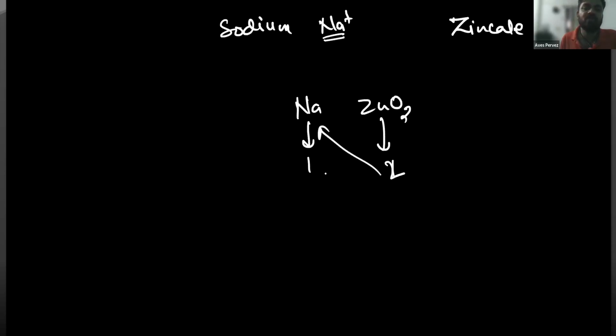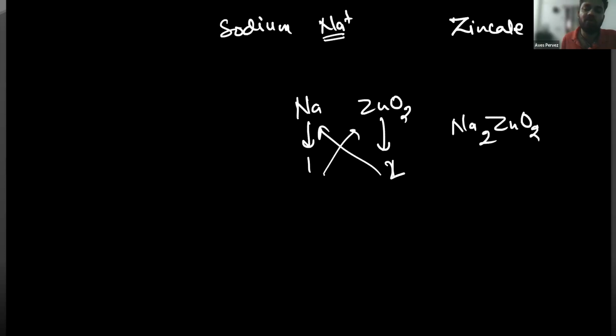If it is a single element, then don't write brackets. If more than one element is present, like in ammonium where we have nitrogen and hydrogen, then we use brackets. So Na2ZnO2. Yes, very good. This will cross multiply and give you Na2ZnO2.